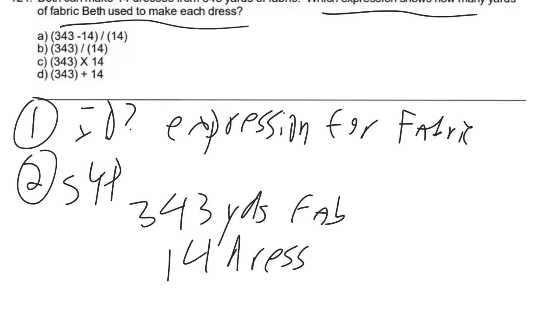Yeah, if you take the total amount of fabric and divide it by the number of dresses, that expression would show how many yards of fabric can be used to make each dress. And so in this case, the answer would be B: 343 divided by 14 dresses, and it'll tell you the amount of fabric for each dress. That would be the correct expression.